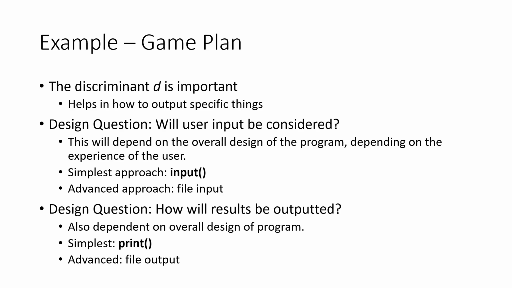Another design question: how will results be outputted? Again, this is dependent on the overall design of the program, and it ties back into the experience of the user, or in other words, the user experience. Easiest way, just print the output to the console. More advanced approach, file output. And again, this all depends on what the user is comfortable with and what the user wants.